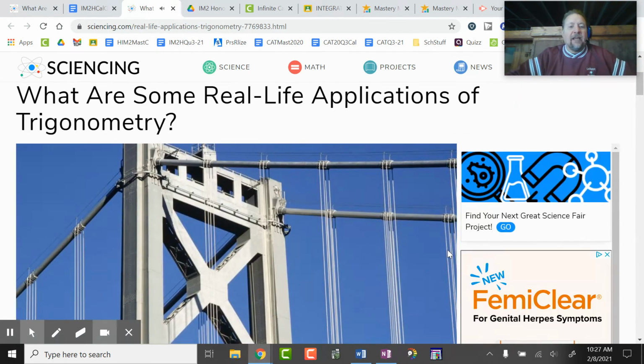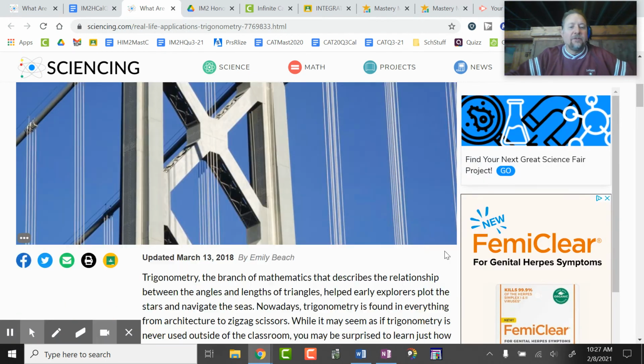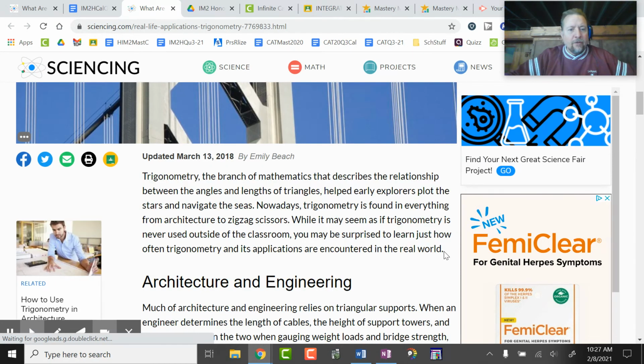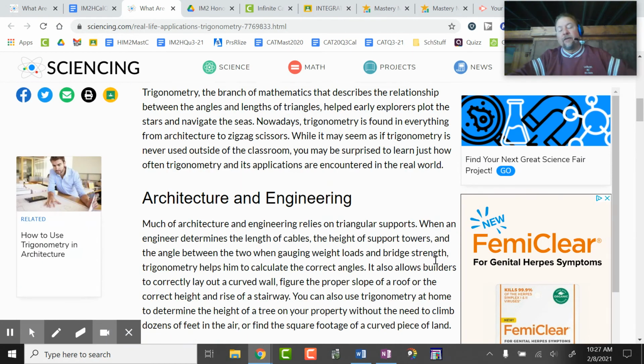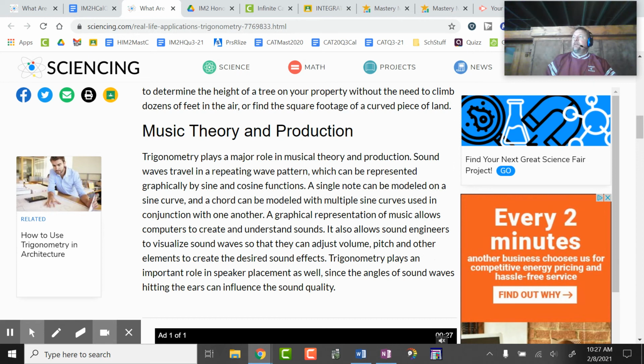All right. Real life applications of trig. Look at this. Can't build this bridge without trigonometry and using those ideas, architecture and engineering. Very important. Music theory and production. Anyone musically inclined? I remember going to a SeaWorld type thing, and I think I just started teaching, and they had the sounds of a whale mathematically described, because sound waves go in what's called sine curves, the graph of a sine cosine function.